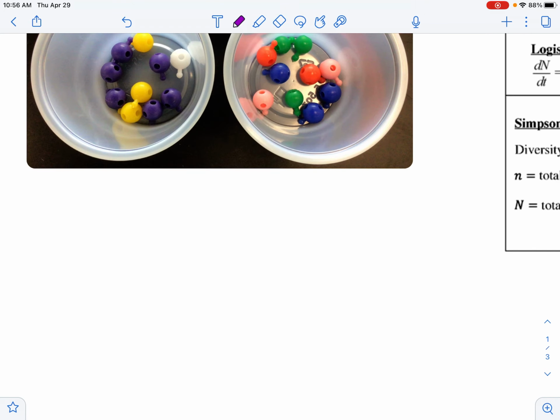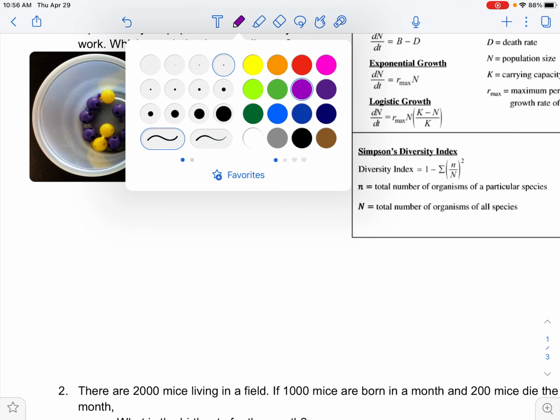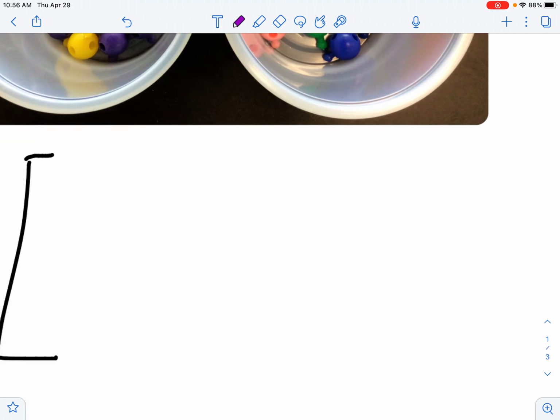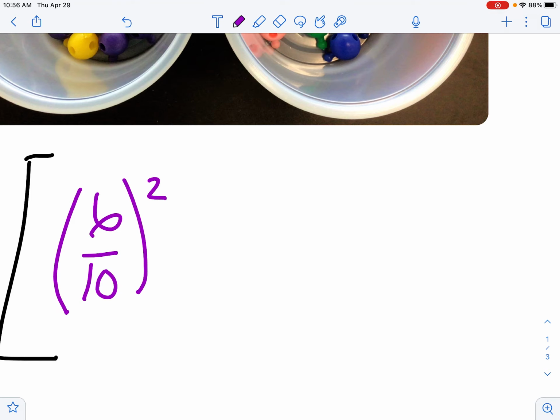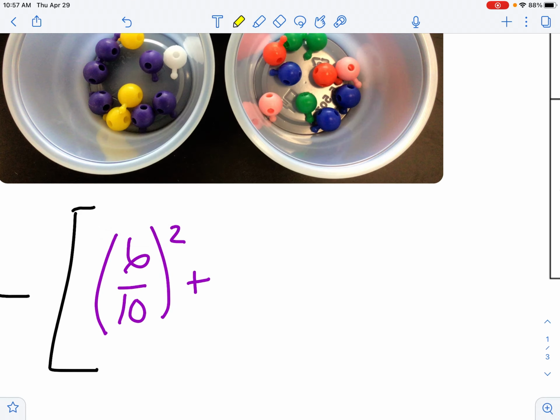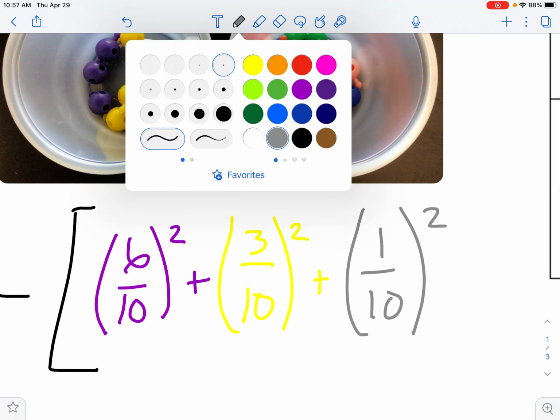For purple, the equation is 1 minus, I'm going to bracket it, the sum of purple, 6 over 10 squared, plus yellow, 3 over 10 squared, plus the white, which I'll do in gray, 1 over 10 squared, and the brackets there.